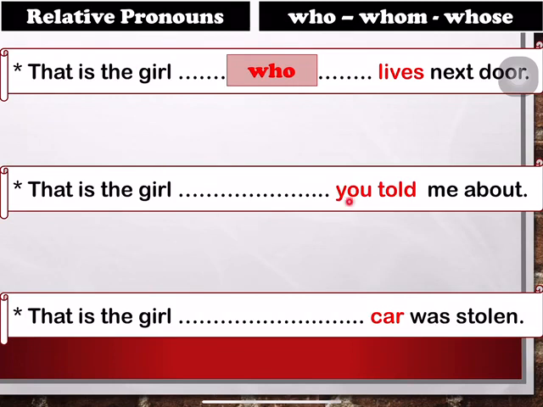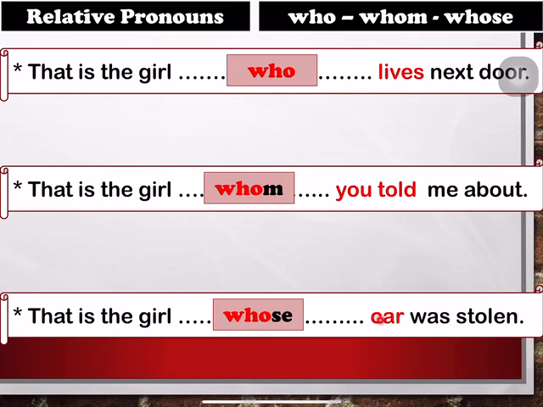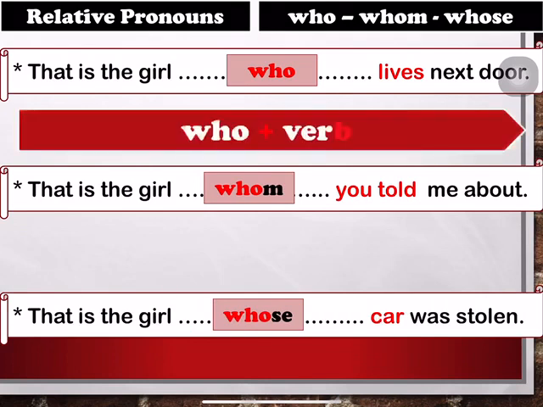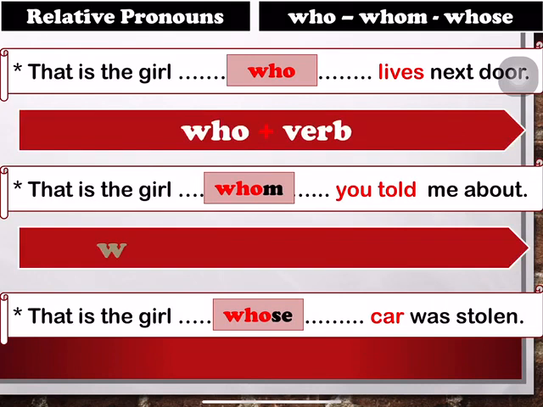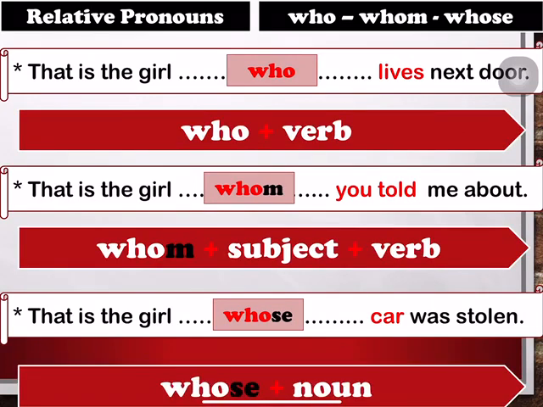I have a subject and a verb. So, I use whom. And here I have car, which is a noun. So, we have to use whose. So, again, who should be followed by a verb. Whom should be followed by a subject and a verb, and whose should be followed by a noun.